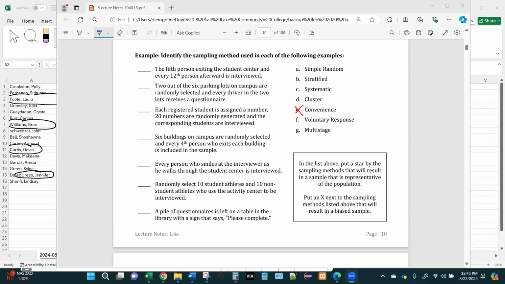Okay, so Devin's asking about 1.3 with the overview of data collection principles. Let me show you that. So hopefully you guys have this page 10 exercise on your computers.